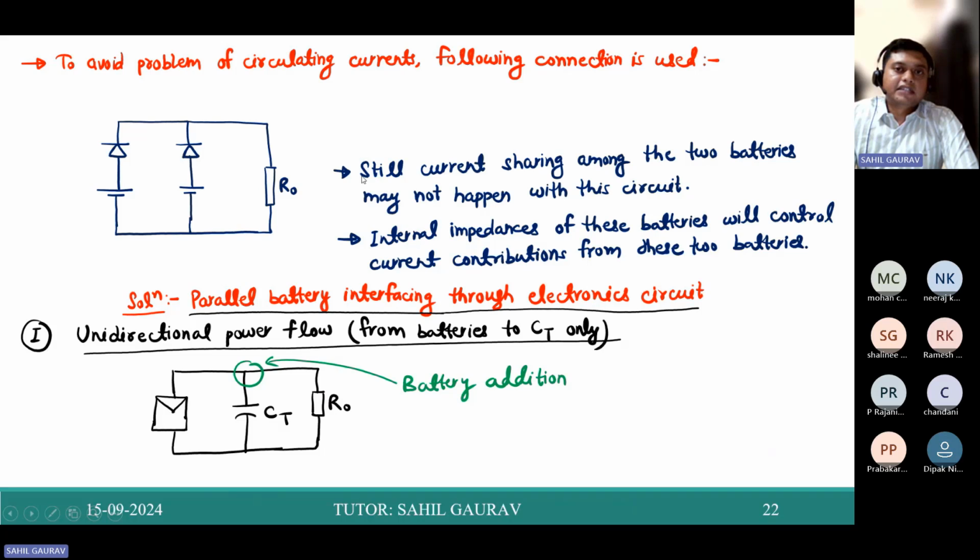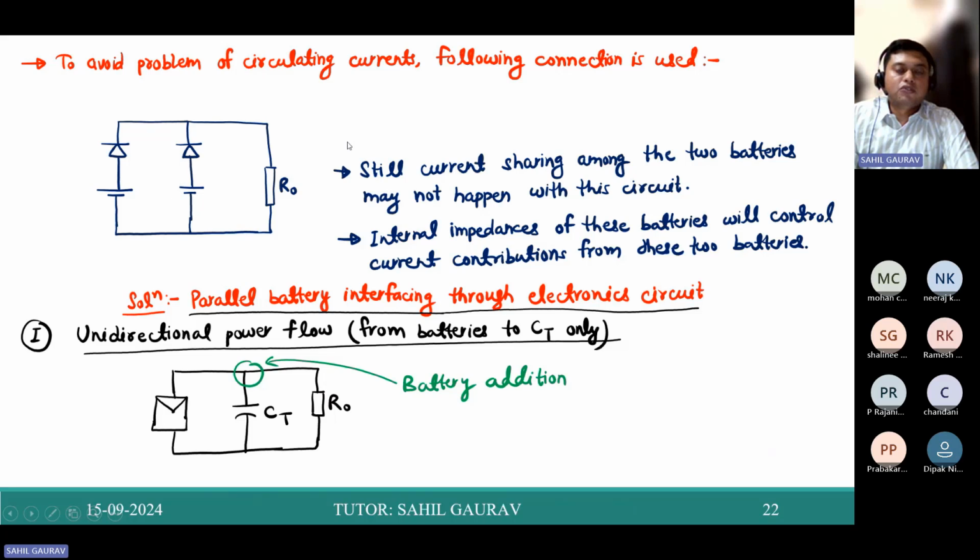Still some current sharing among these two batteries will happen with this circuit, and the internal resistance of the battery will control the current contribution from these two batteries. Even due to the internal resistance of the battery, this diode may get reverse biased and one battery may get out of service.